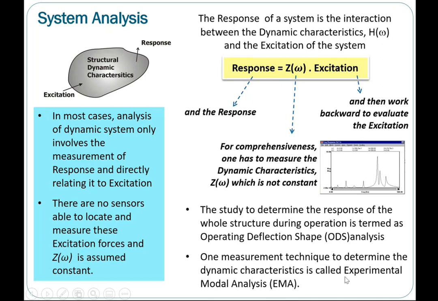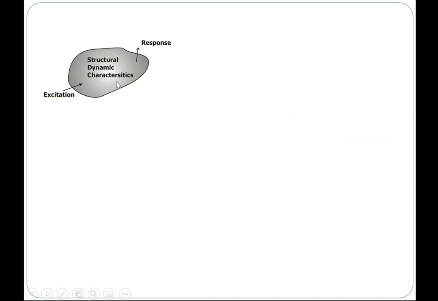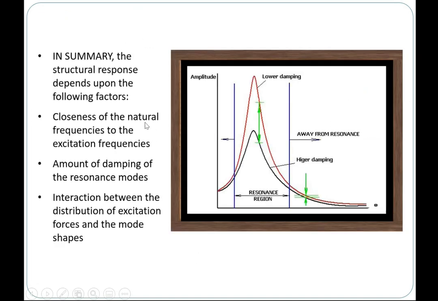If you know how to perform experimental modal analysis, EMA, you basically know the system in terms of its natural frequency, damping, and mode shapes. The outcome of this EMA will give you natural frequency, damping, and mode shapes.